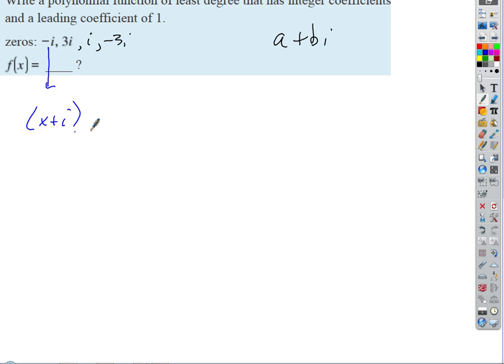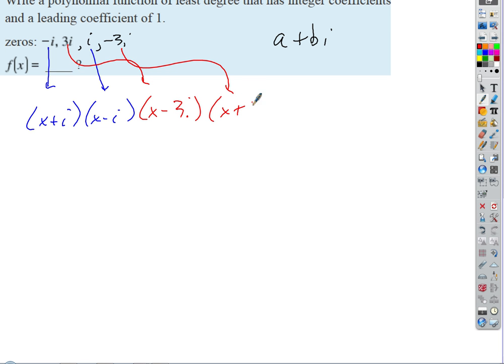What should go next? X minus i, right? Then what's that one going to be? No, not plus 3i. X minus 3i, and now look how easy those are to multiply together, though. This actually is a pretty easy one.